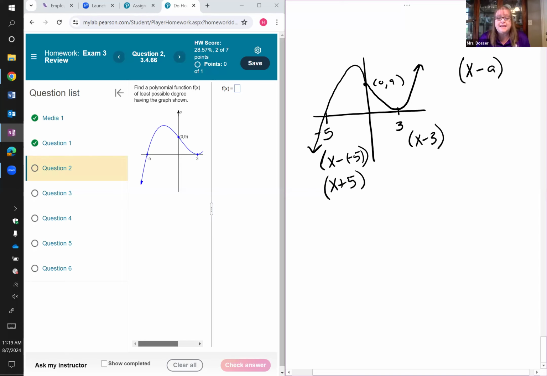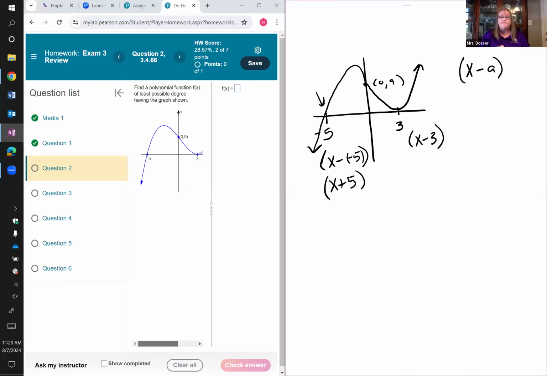Now we also need to take into account the multiplicity of these factors. When the graph actually crosses the axis, like it does here at the -5, then we know that that factor will have odd multiplicity. And so because it actually crosses, it's going to have a multiplicity that is either 1 or 3 or 5 or 7.